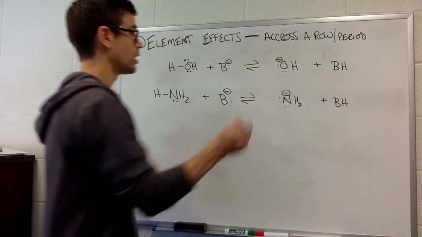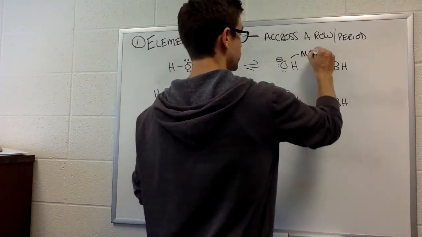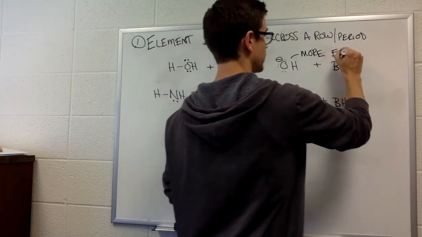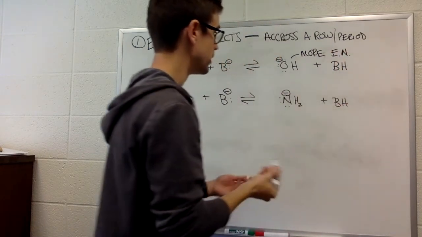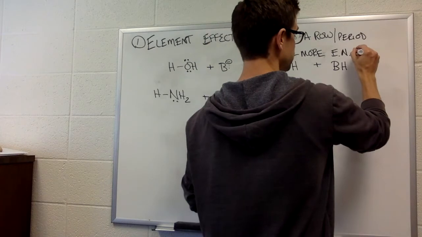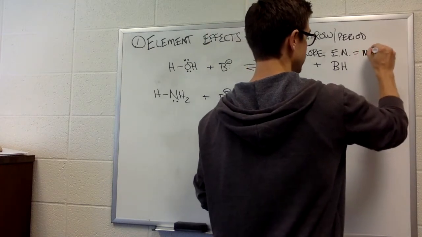So because oxygen is more electronegative than nitrogen, it is more stable.